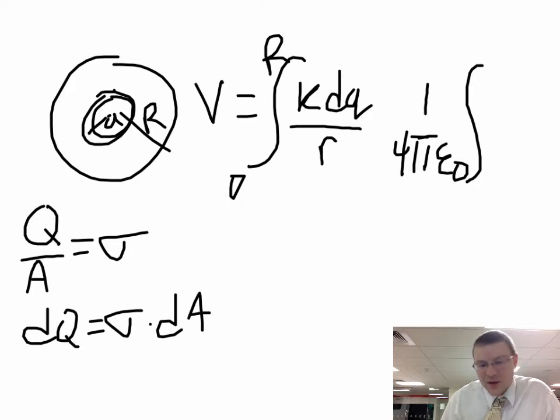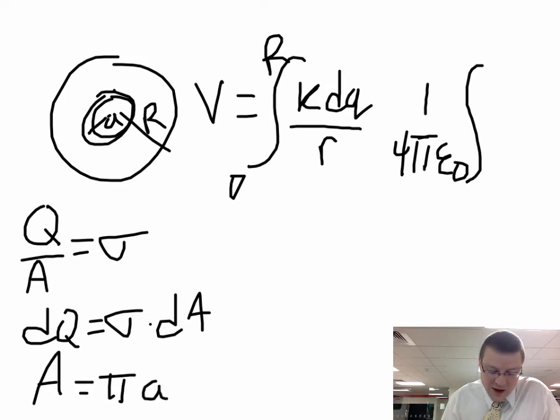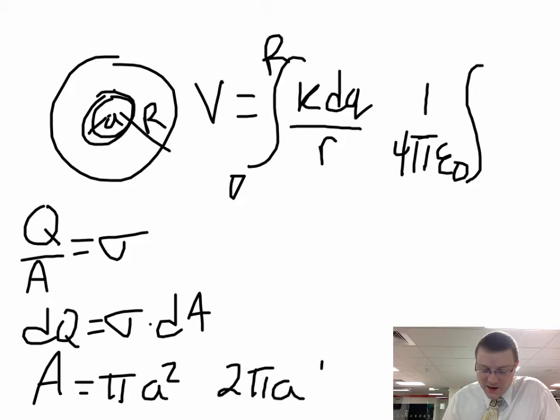So I'd have to multiply by the derivative of area of a disk. Remembering that regular area is just pi a squared for each of the rings as I move from the center out. So dA would be 2 pi a da. So I'll put that in for dA and throw that over here for my voltage equation.